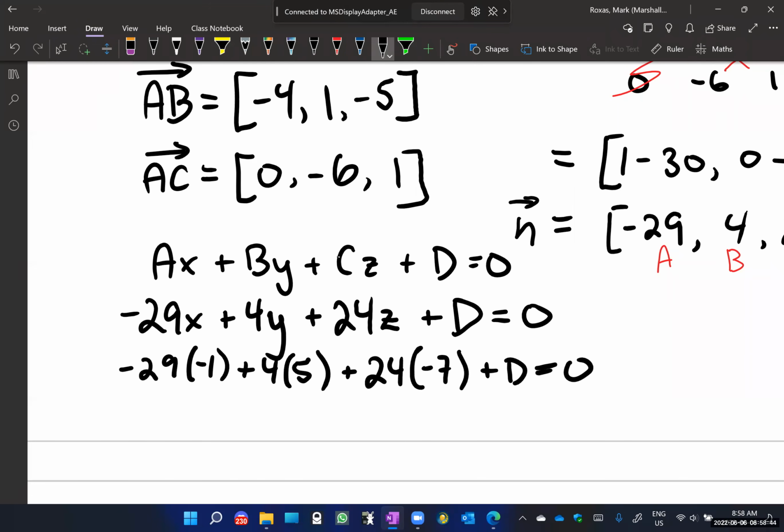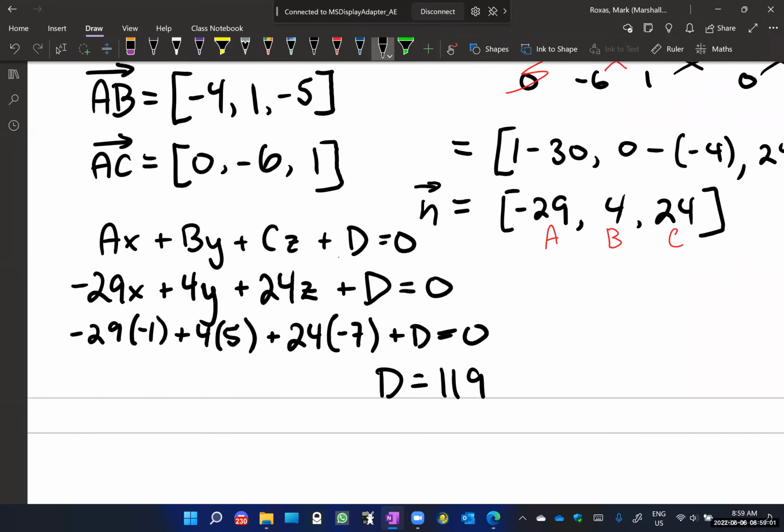And then you expand and simplify, you bring all the terms over to one side, and solve for d. The answer you get is 119. And then when you put that back into the equation, you get -29x plus 4y plus 24z plus 119 equal to 0.